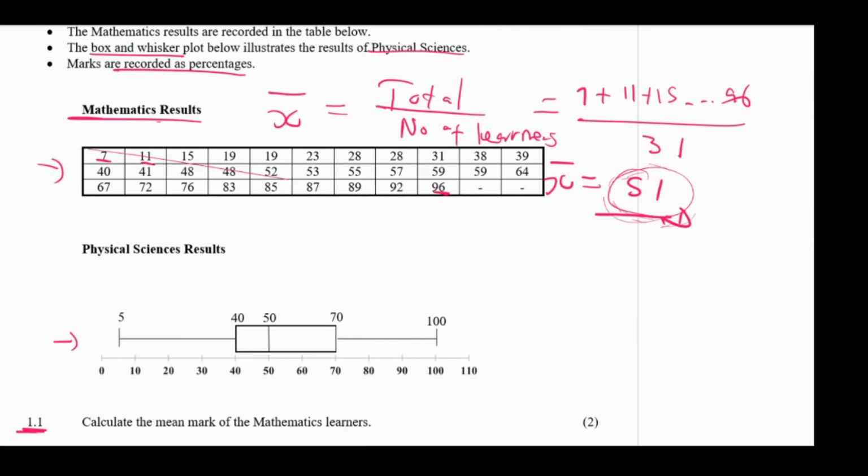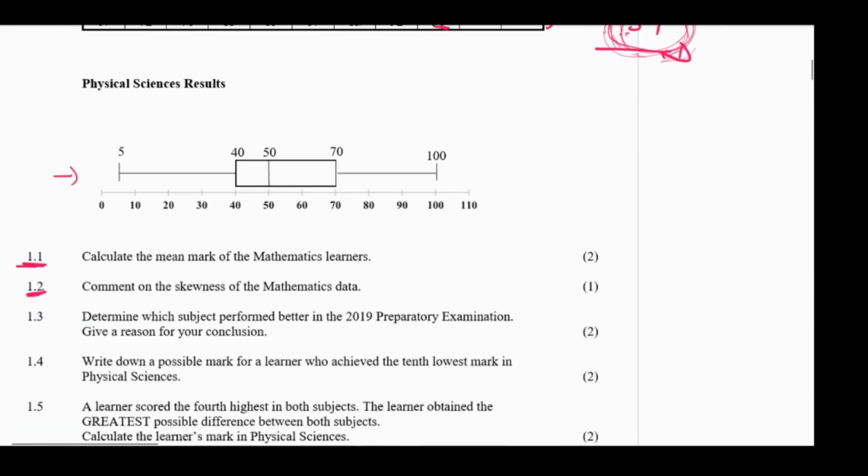All the marks for these learners, at least most of them, have an average of 51. So this means that our skewness is going to be positive. It's going to be positively skewed.